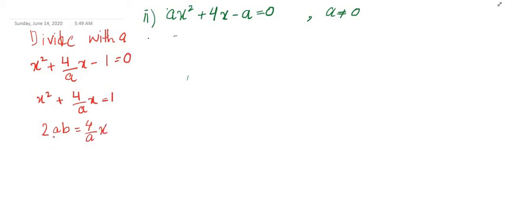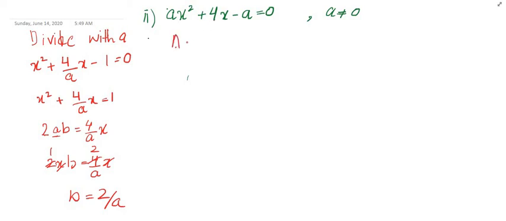Now a is x, 2xb equals to 4 by a x. x is cancelled with x, 2 goes into 4 two times, this becomes 2 by a.